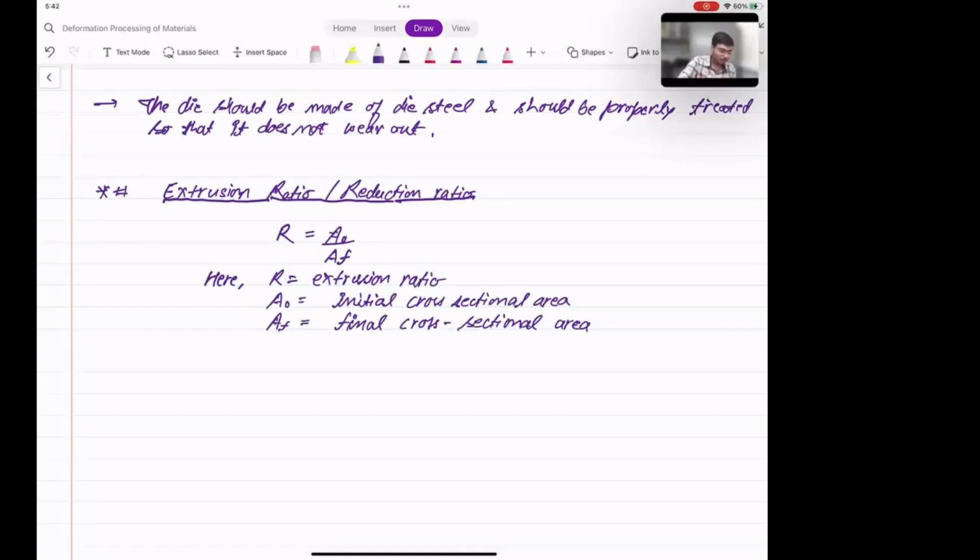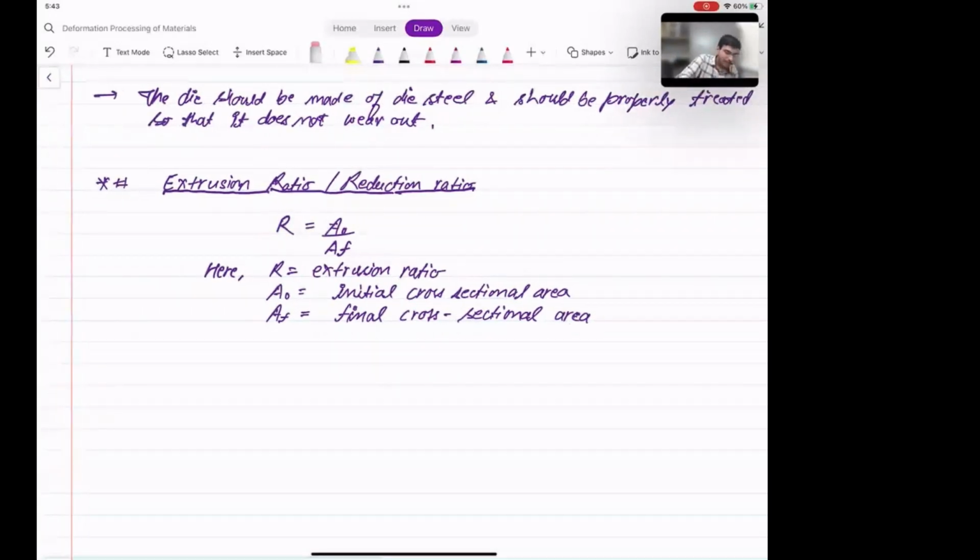So the typical values for steel are around 40:1, and it becomes around 400:1 for aluminum alloys or pure aluminum.